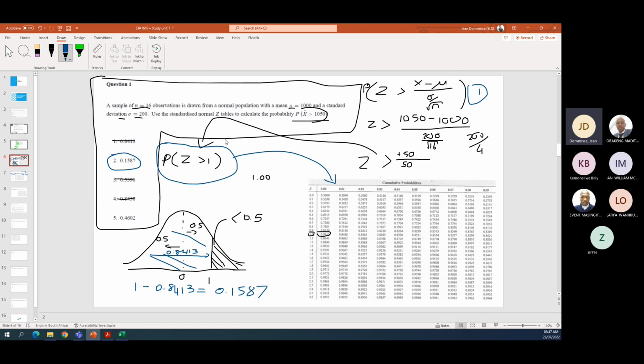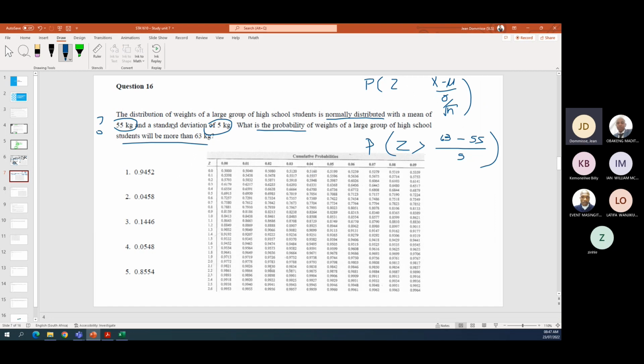Here you would have seen they talk about the sample was drawn. Here they don't talk about a sample. So here they talk about the group of students. They don't say the grade 12s or the first years or anything like that of students. They're talking about the total group. So if the total group, that is when they're looking at the total population of the students.